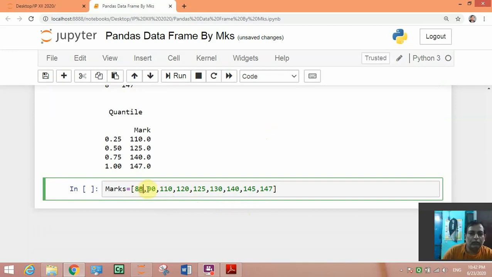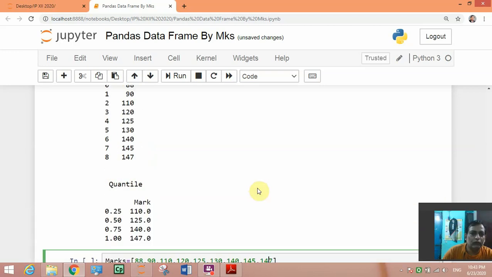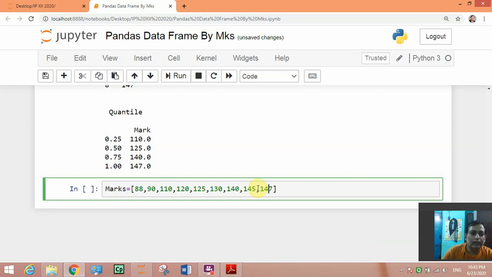Here we have taken 1, 2, 3, 4, 5, 6, 7, 8, 9 values, and 1, 2, 3, 4, 5, 6, 7, 8, 9 values. So total 9.